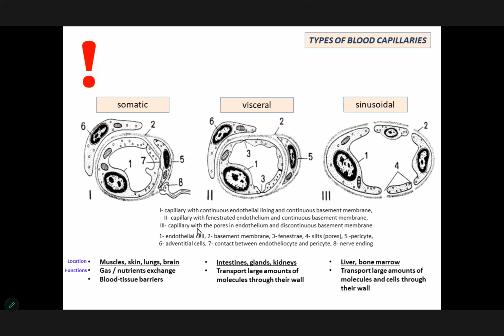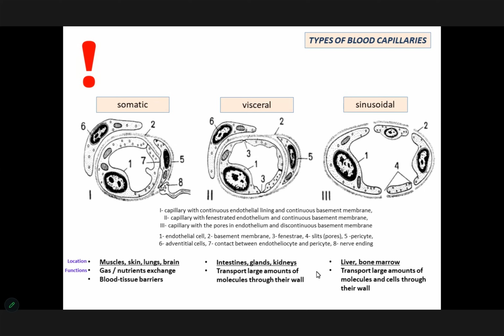So we have stopped on the visceral type of the capillaries. They are also called fenestrated because of these fenestrations, where the inner and outer cytolemmas, cell membranes, come very close together, making the thickness of the cytoplasm of the endothelial cell in this place very thin, allowing very large amounts of large molecules to pass in this site through the wall of this capillary.